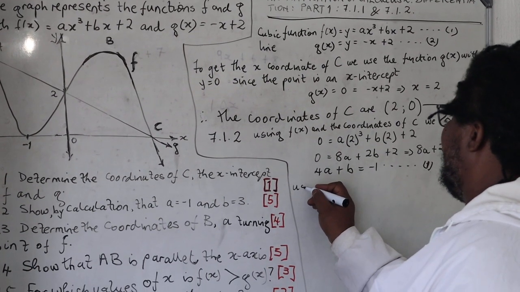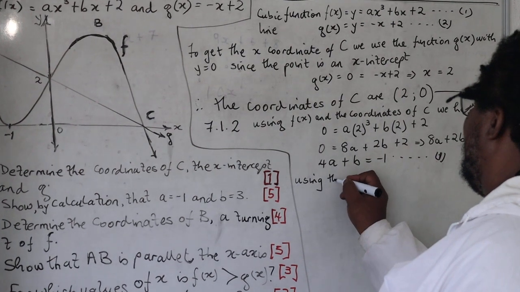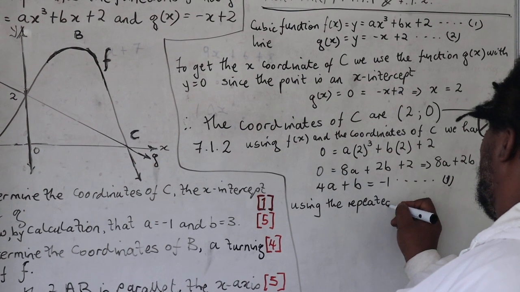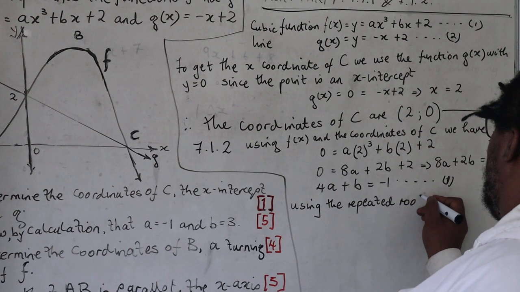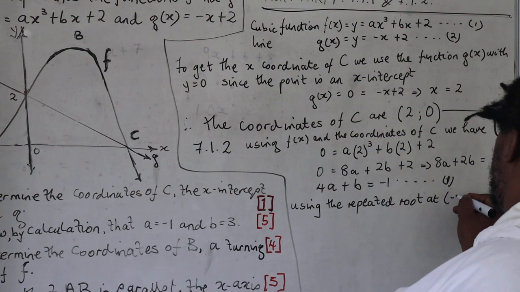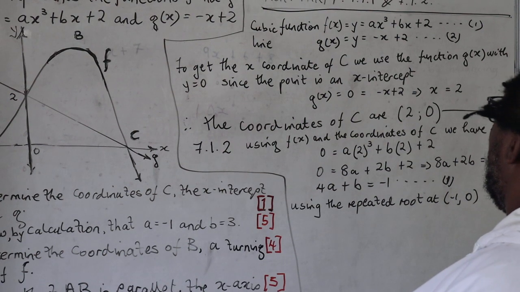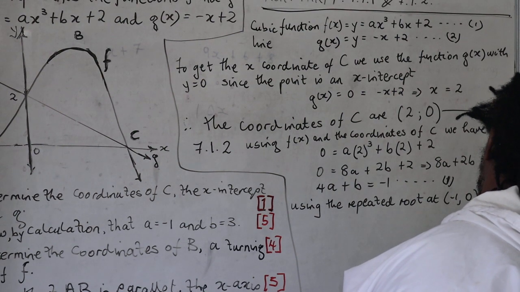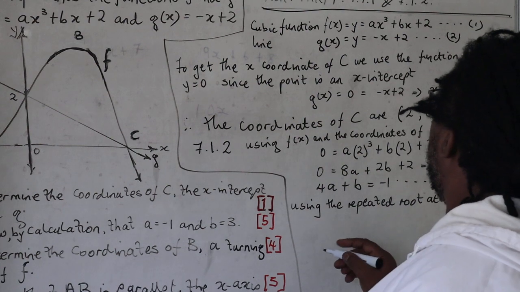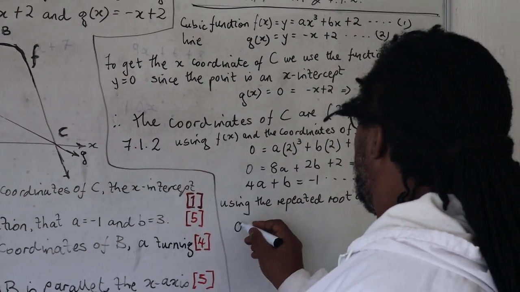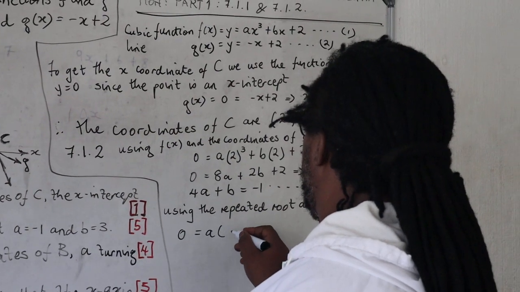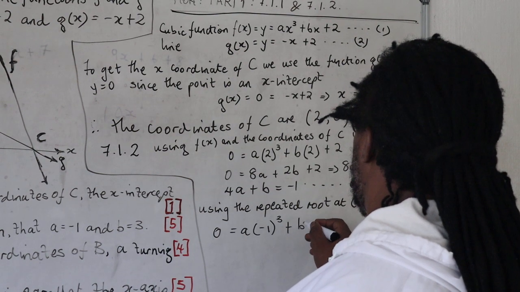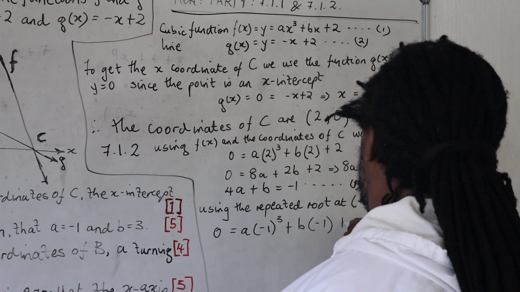So here we can say, using the repeated root at (-1, 0), we have y is 0 equals a(-1)^3 plus b(-1) plus 2.